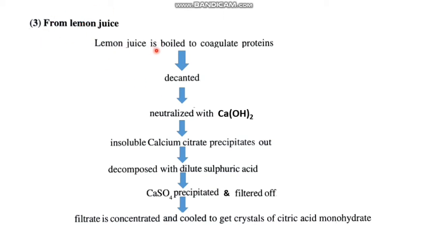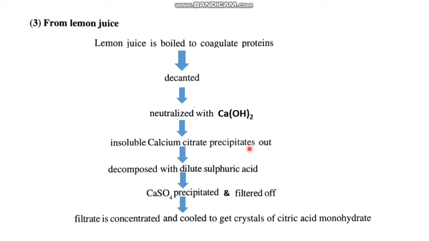First, the lemon juice is boiled to coagulate proteins, then decanted and boiled again, and then neutralized with calcium hydroxide, lime. Then calcium citrate, which is insoluble in boiling water, precipitates out.